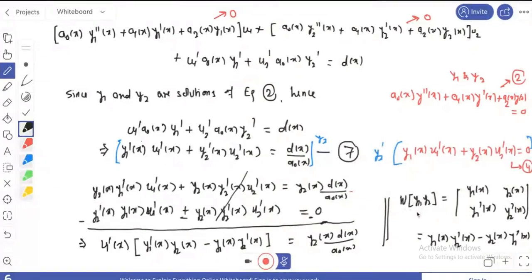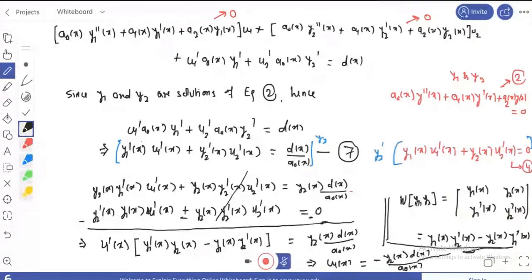So now this implies u1'(x) equals minus y2(x) g(x) over a0(x) times the Wronskian of y1, y2, after multiplying by the minus sign.